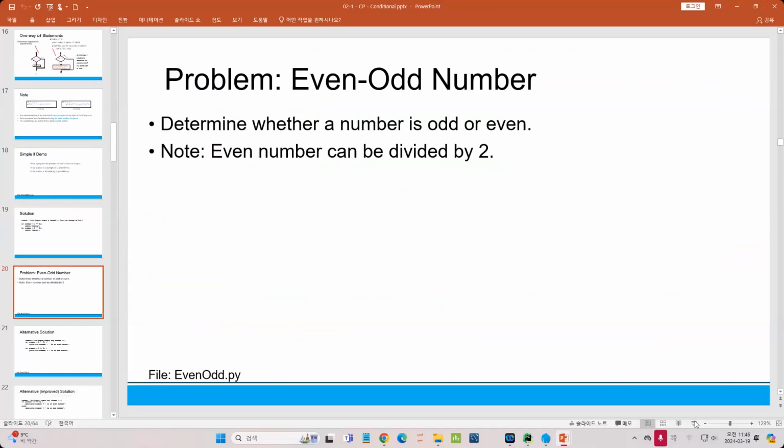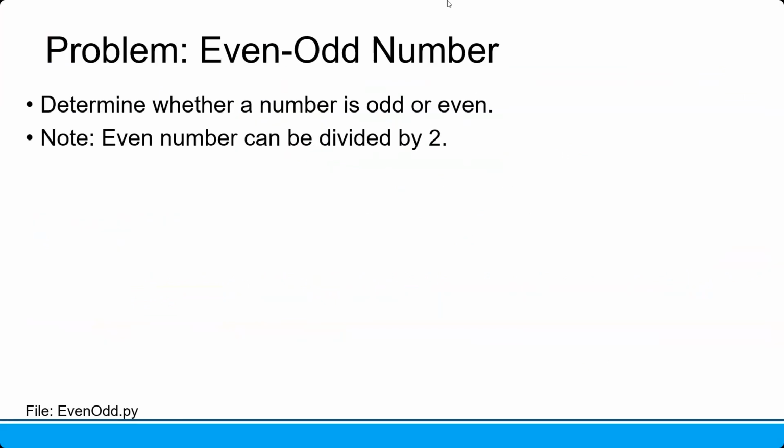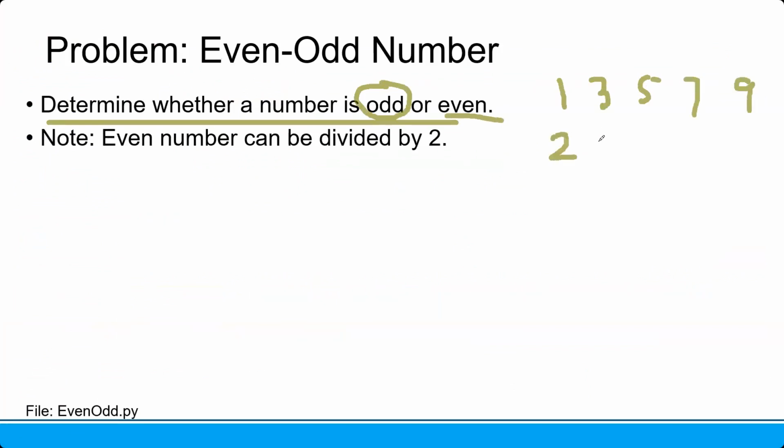Now, there's another problem. Determine whether a number is odd or even. What is odd? Odd is 1, 3, 5, 7, 9, and so on. Even is 2, 4, 6, 8, 10, and so on.